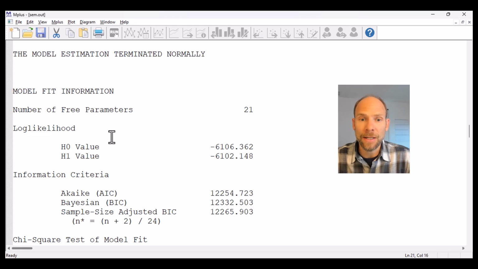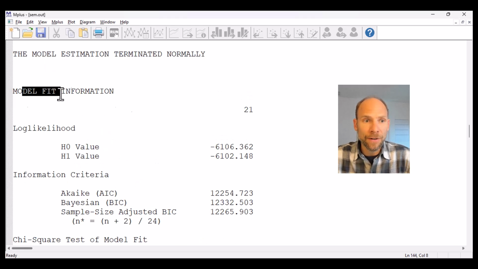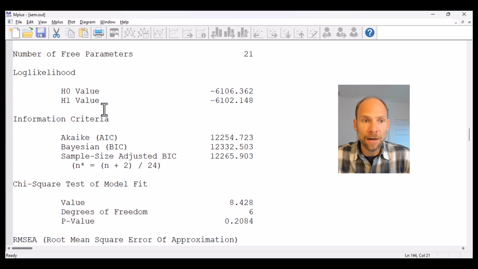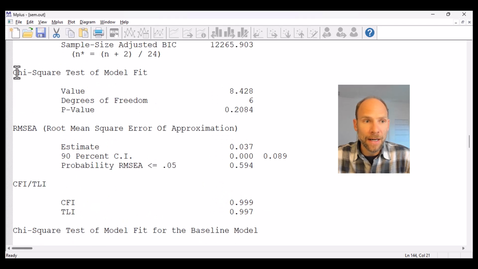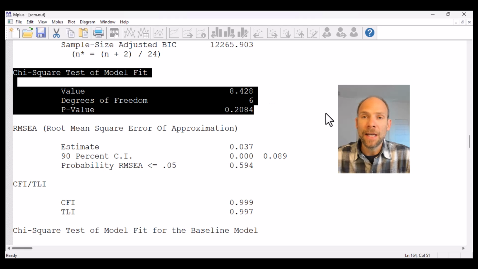at the chi-square test of model fit, which is provided under model fit information. When you scroll down a little bit, you find the chi-square test of model fit here, and this is the key indicator of model fit that we should always look at, that we should always report, that we should always pay attention to.